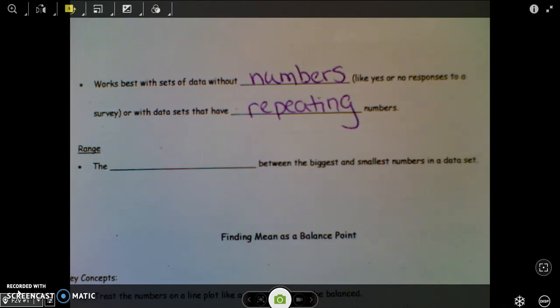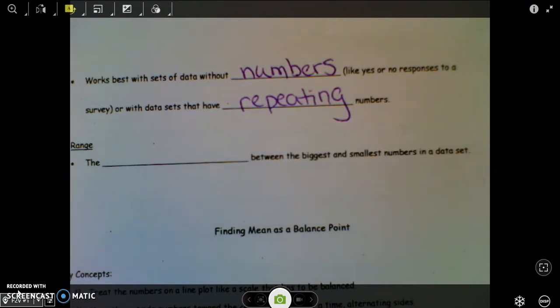When I say that it's for data sets that have repeating numbers, I mean most of the numbers are that number. Most means more than half. So as a good rule of thumb, if more than half of the numbers are the same number, then mode might be the best representation of that whole data set. But if it's less than half, don't look at mode. Look at mean or median, depending on whether or not there's an outlier.